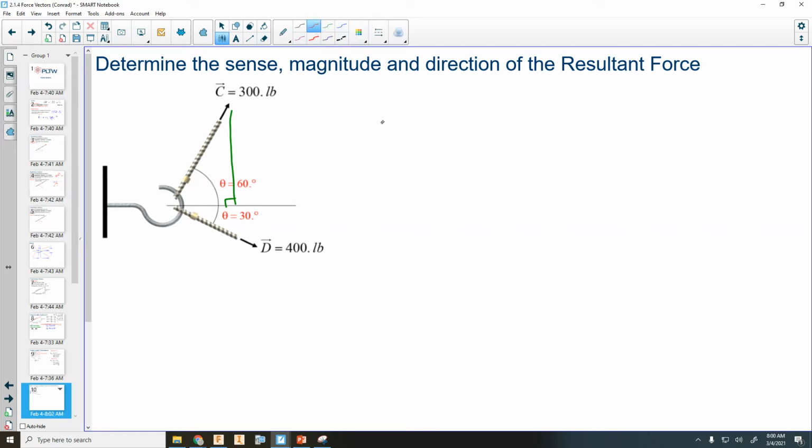So the cosine of 60 degrees would be adjacent, which would be the force of C in the x direction, divided by the hypotenuse, which is 300 pounds.